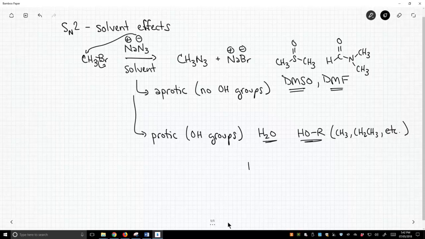tend to form hydrogen bonds with our anions. So if you're in water and you have azide, you're going to start to form some hydrogen bonds to your azide. Now remember, good SN2 nucleophiles are sensitive to sterics.